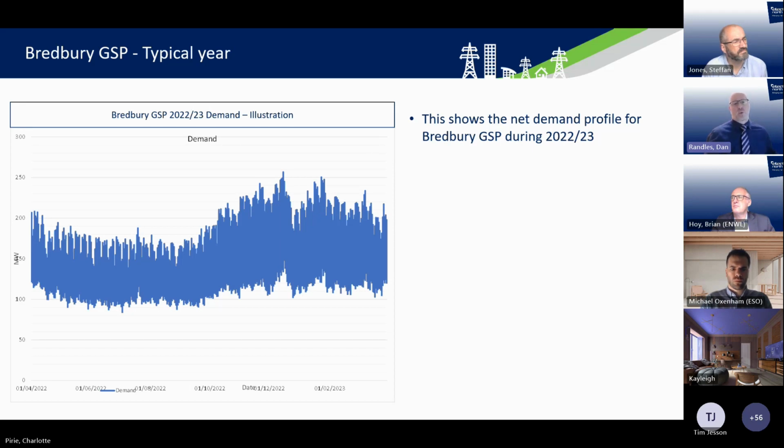This is an annual demand profile, and you can see that within that 12-month period, the demand fluctuates quite significantly, from day to day, but also as we move through the various seasons, with a minimum demand obviously in the summer period, and the demand increasing as we get into the winter period, but quite sizable variations in the level of demand, particularly during that winter period.